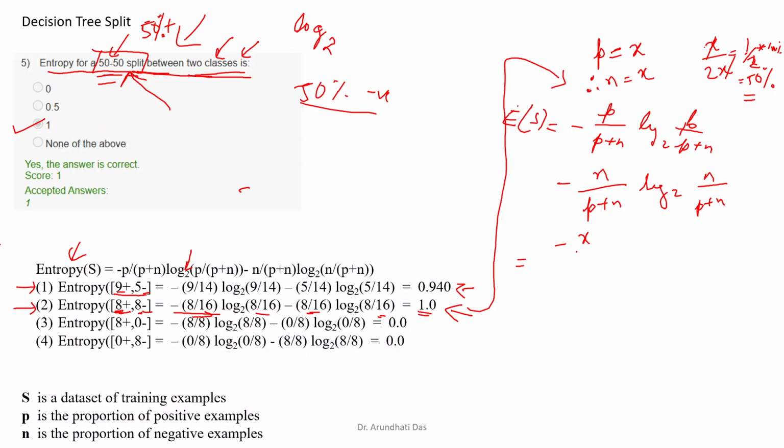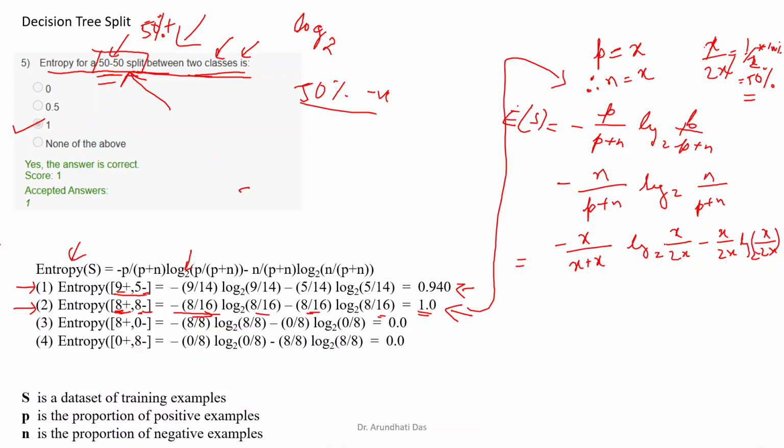Minus x is the positive number of samples, and again x is the negative number, because the number of positive and negative samples should be the same, so that if we consider the total as 100, either p or n will be 50%. So log of again x by twice x, minus x by twice x log base 2 of x by twice x.